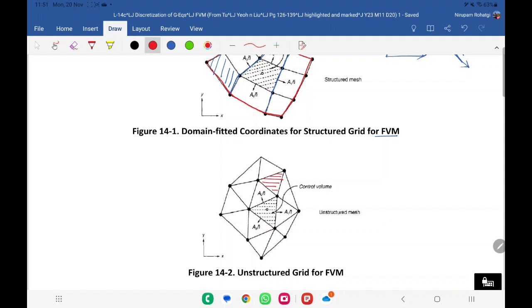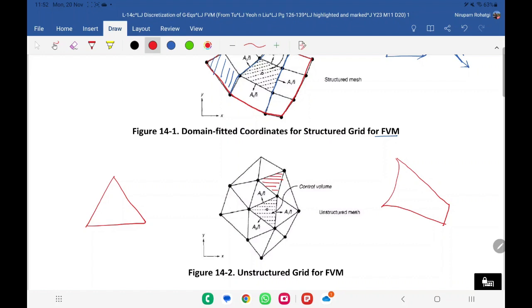Let us say your shape is like this. Now I want to apply FDM here.